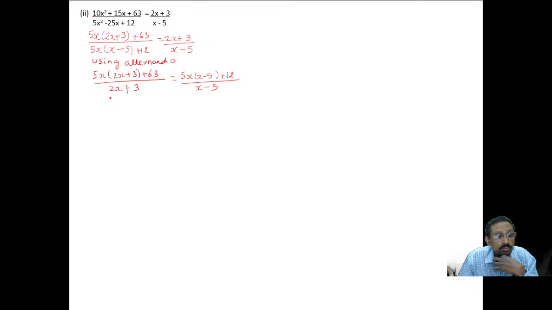Using alternando we have done. Now we are going to separate these terms. To separate these terms, 5x into 2x plus 3 upon 2x plus 3 plus 63 upon this, we are going to separate these terms. Okay, let us separate these terms.